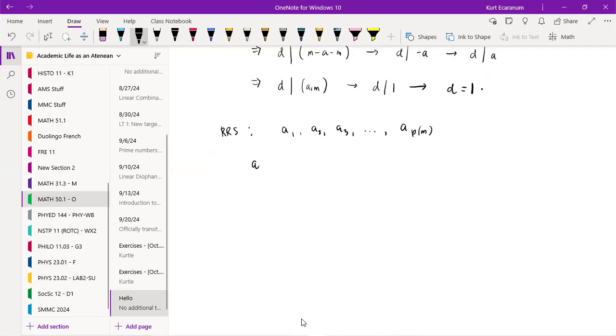If this a is in the reduced residue system, so is m minus a, because the GCD of a and m is 1 and the GCD of m minus a and m is also 1. It must be.